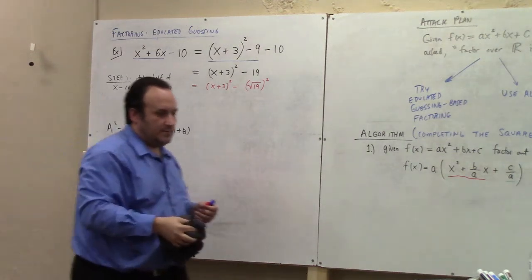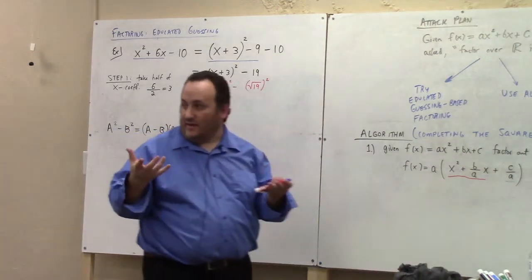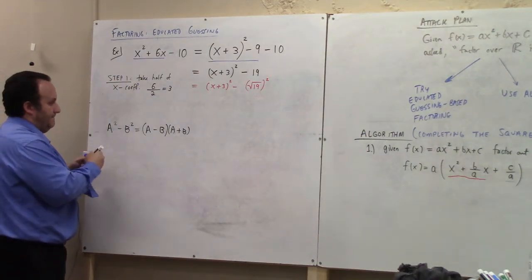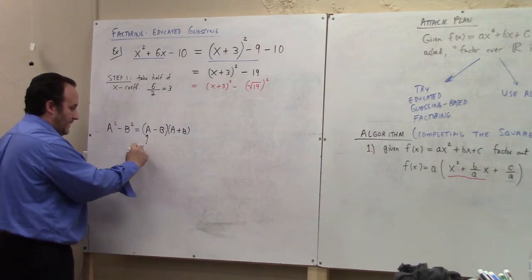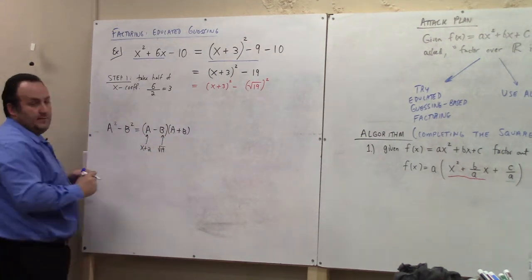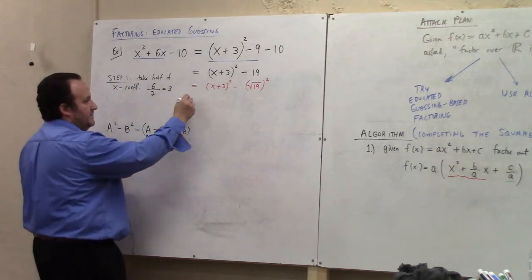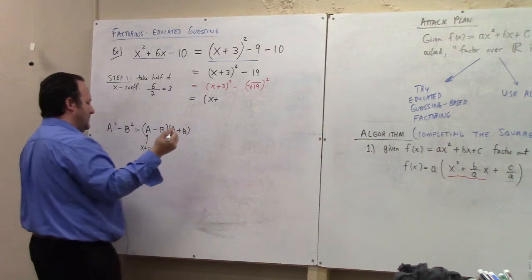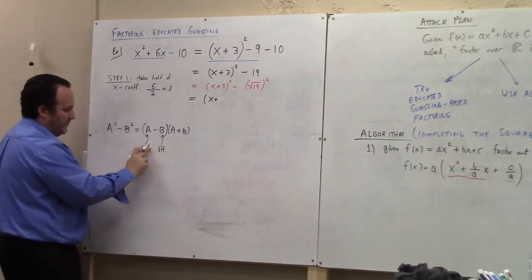So I'm thinking of a equal to x plus 2, right? I'm thinking of b as being the square root of 19. So I get x plus, did I say x plus 2? It's x plus 3. I'm a moron.